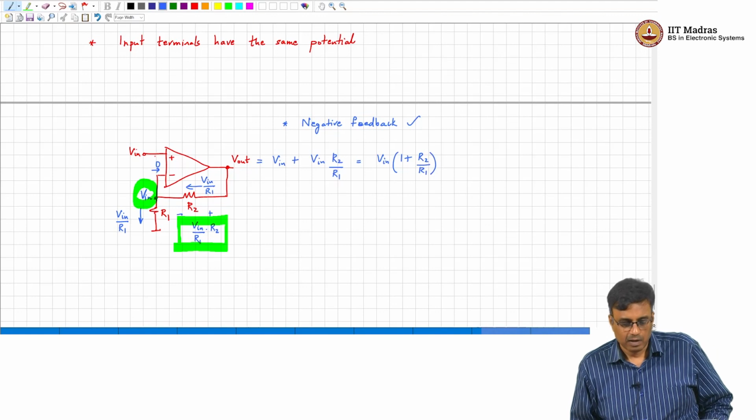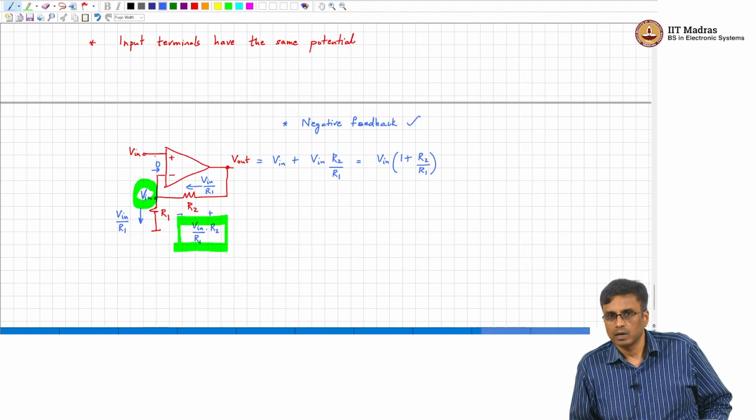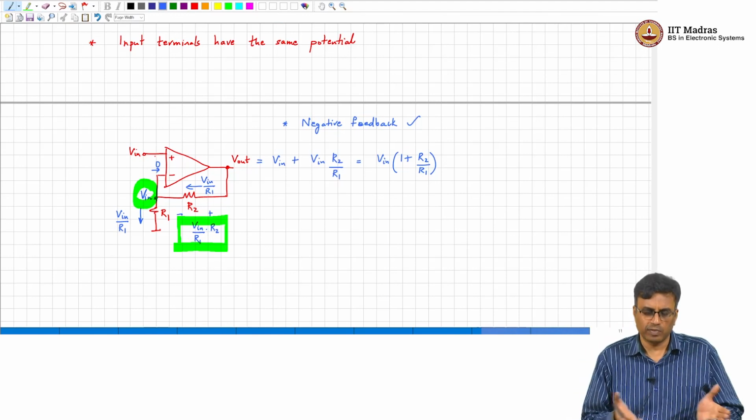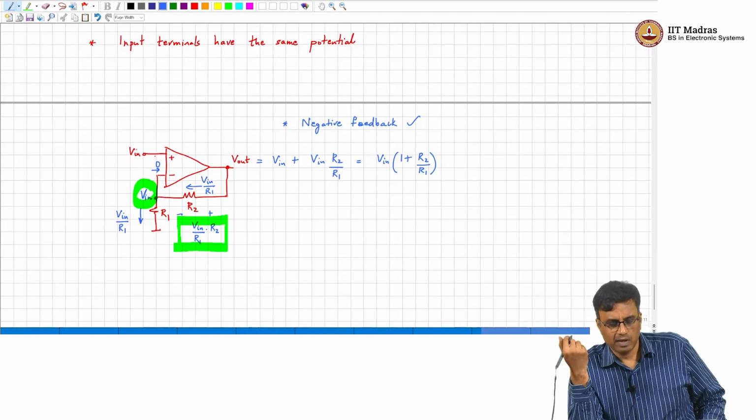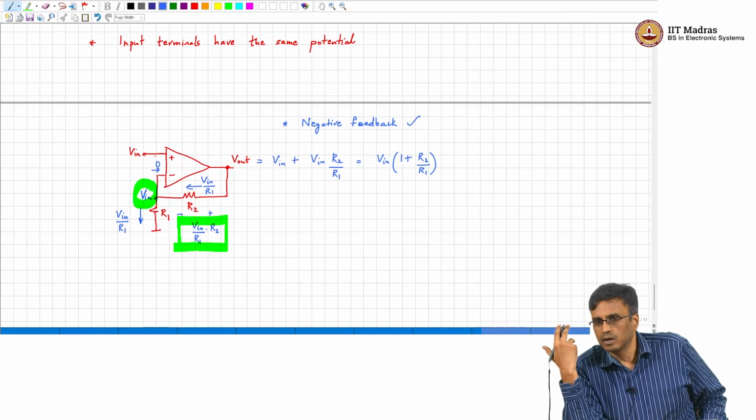If we had never seen this circuit before, this is how we would go about evaluating the output. Of course, we know how this circuit came about, that is another matter, but if we did not know and we had looked at this circuit for the very first time, this is exactly how we would go about it. Does it make sense?